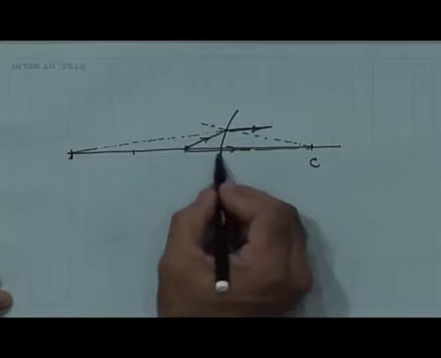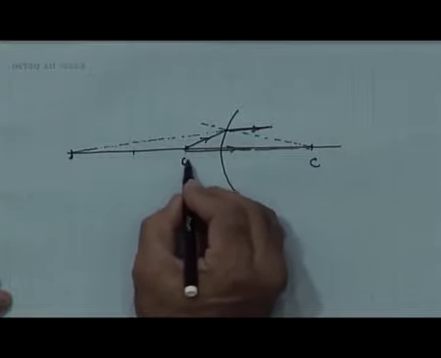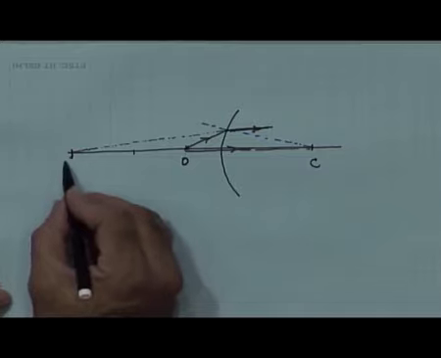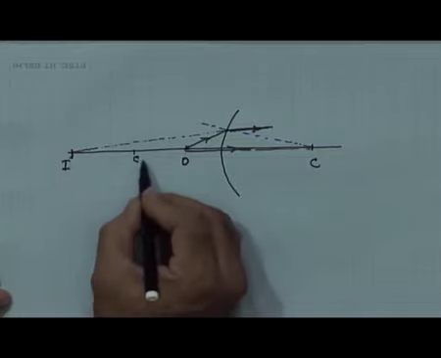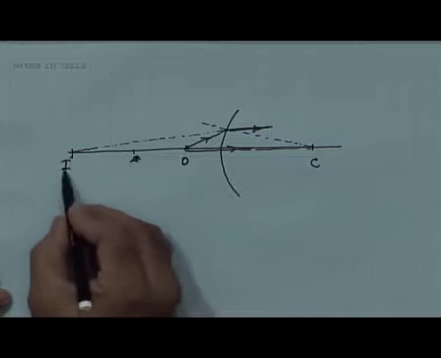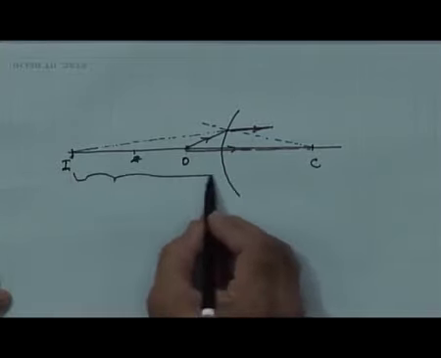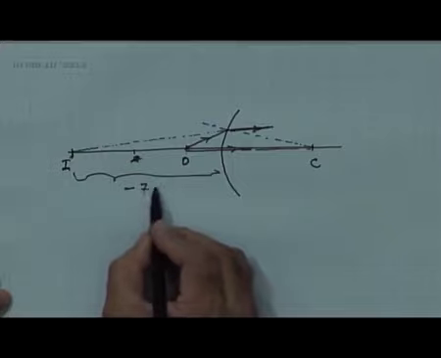So, this was the object distance, this was O, and therefore it forms a virtual image. This is the image distance, and this is what we got as the answer, minus 75 centimeter.